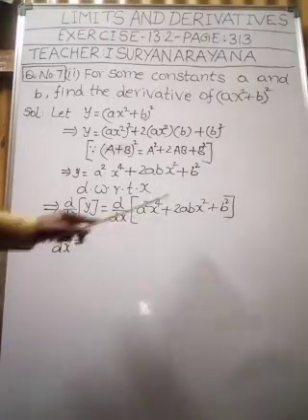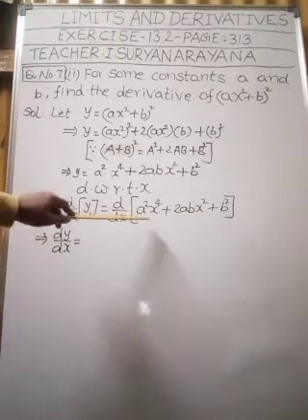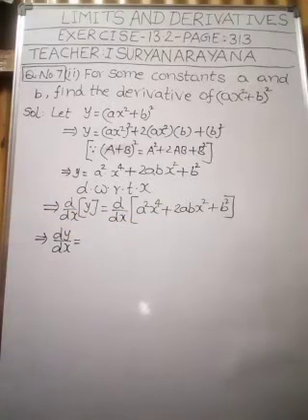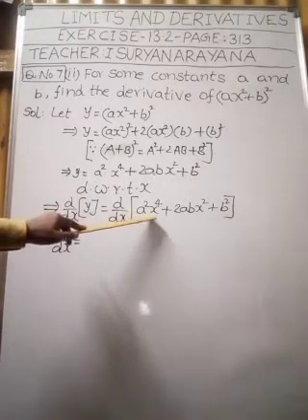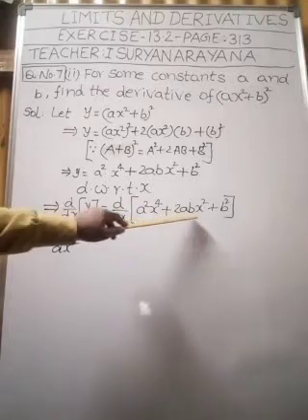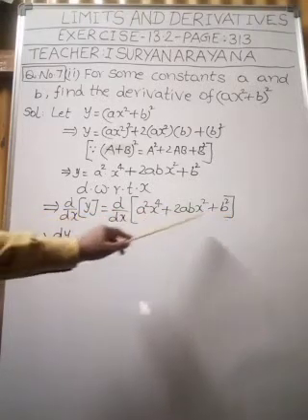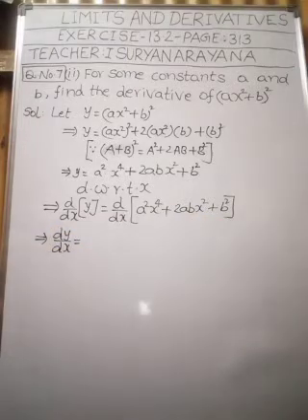Now come to RHS. You have to find the derivative of this function. If you observe this function, there are three terms, namely a square x power 4, this is the first term, 2ab x square, this is the second term, b square is the third term. So we can find the derivatives of each and every term.